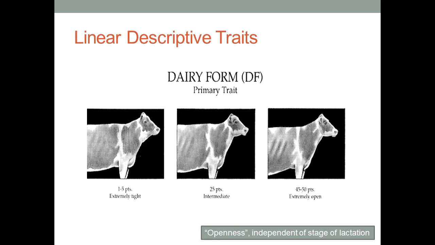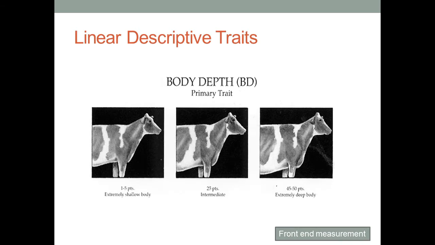What we're looking for are cows that appear angular and open, and those will score 50. An extremely tight-ribbed cow will score at the low end of the range. So this is not a measurable trait, and it's a trait where 50 points is optimal.